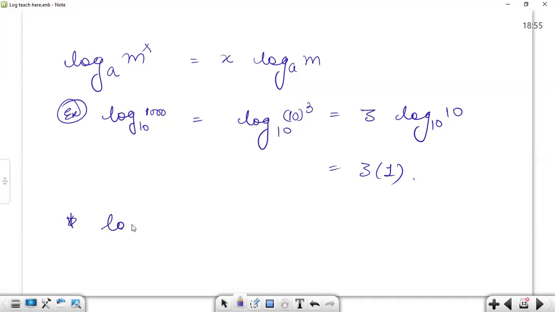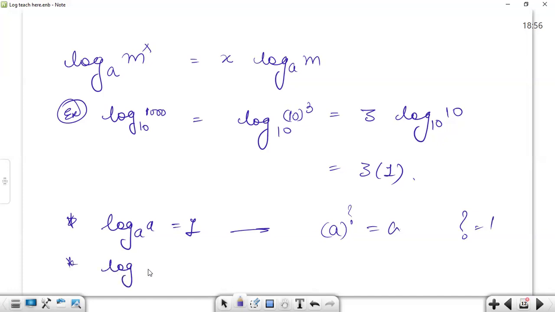There's one more property: logarithm of a to the base a is 1. Simply because what is this asking us: to what power should we raise a to become a only? So what power should be there? Simply 1.